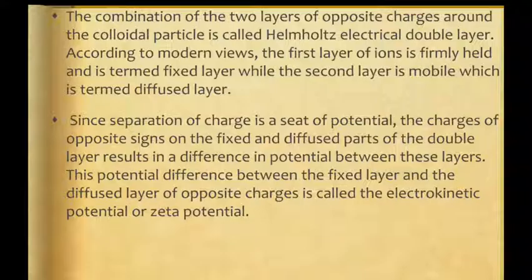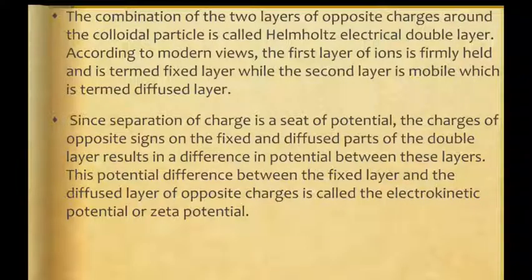We have already seen that the surface of the colloidal particles acquire either positive or negative charge by selective adsorption of ions carrying positive or negative charge respectively. It is surrounded by another layer carrying opposite charge as compared to the charge on the dispersed phase particles.